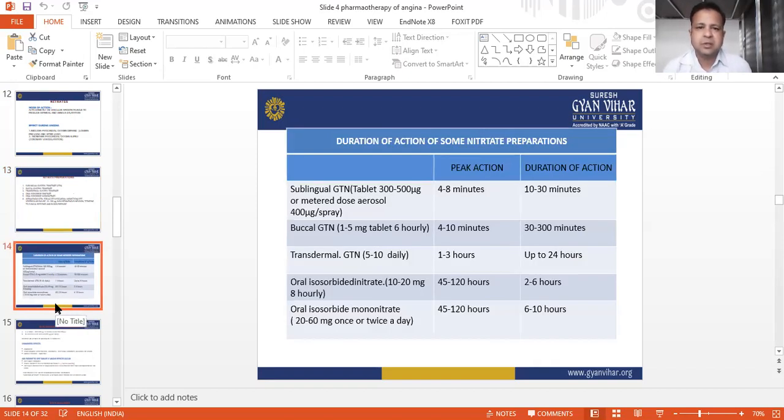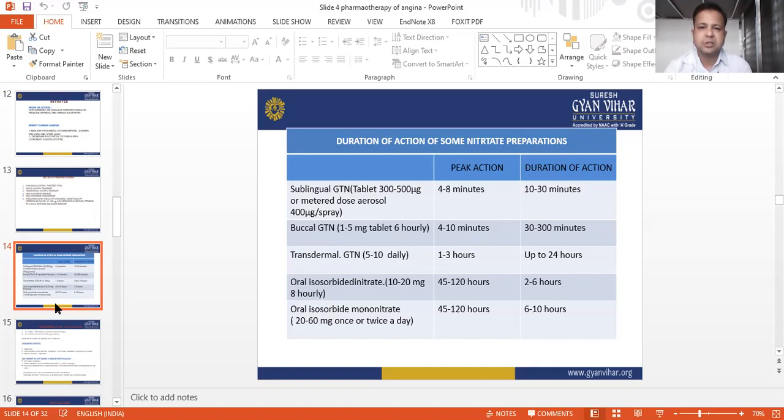Here we can see the duration of action of some nitrate preparations. First preparation, that is sublingual glyceryl trinitrate, in a tablet form 300 to 500 microgram, or metered dose aerosol form, that is 400 microgram per spray.